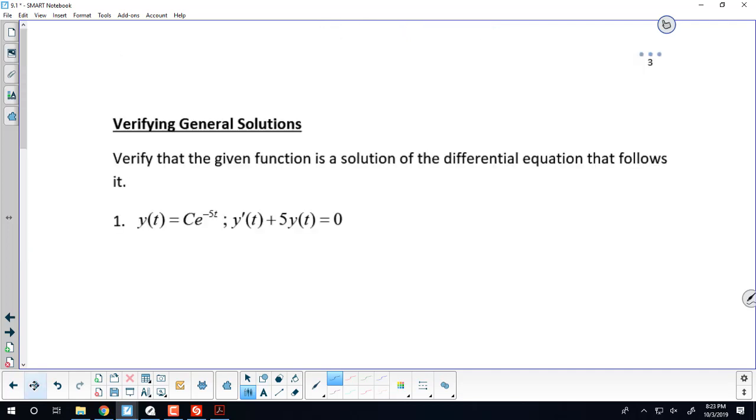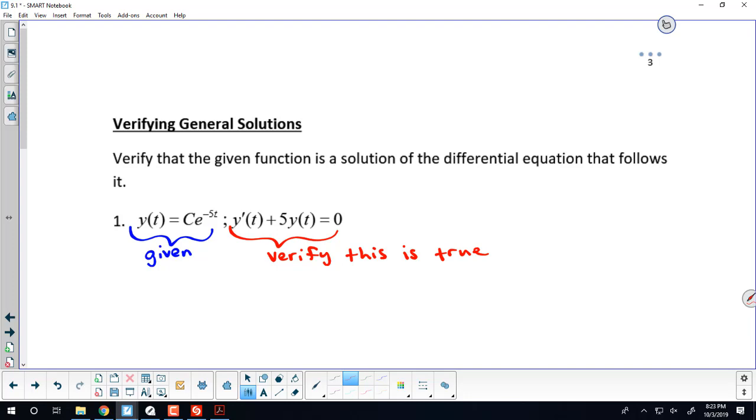For instance, we're given that y of t is c e to the negative 5t. And what we want to verify is the following differential equation: y prime plus 5y equals 0.